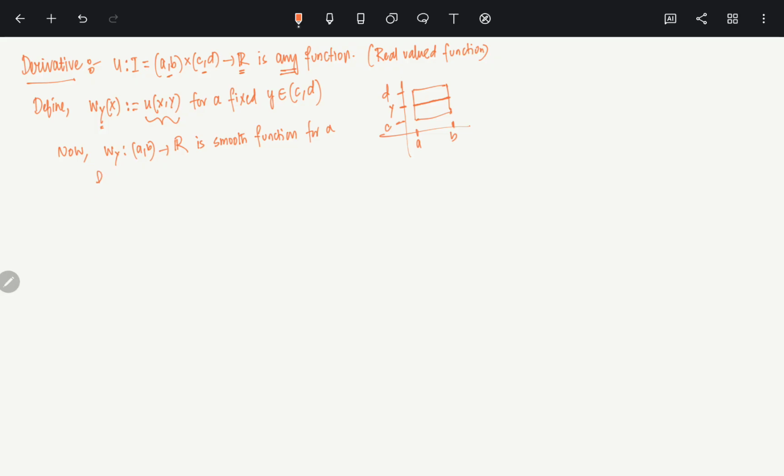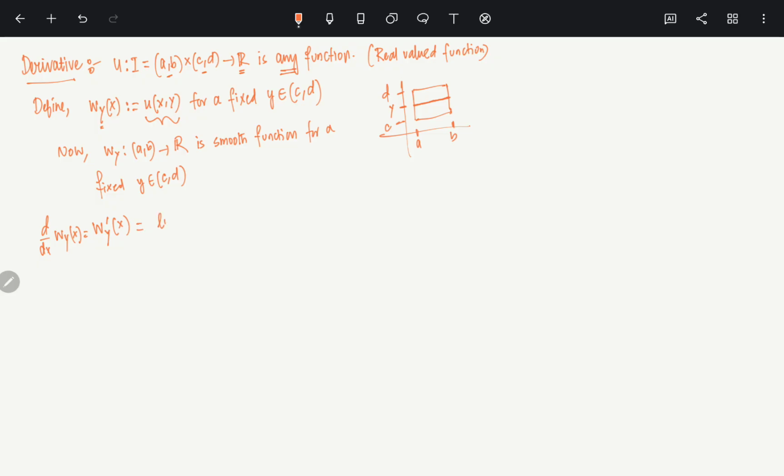for a fixed y in (c,d). So in this case I can define what w y prime of x is. Prime means d/dx of w y at the point x, of course. Now what does that mean?